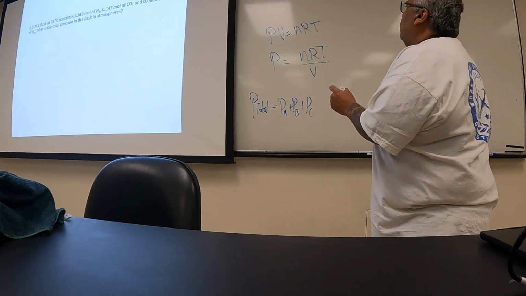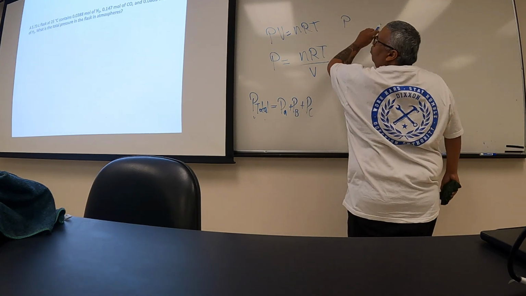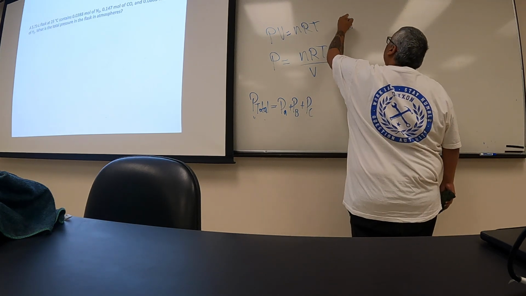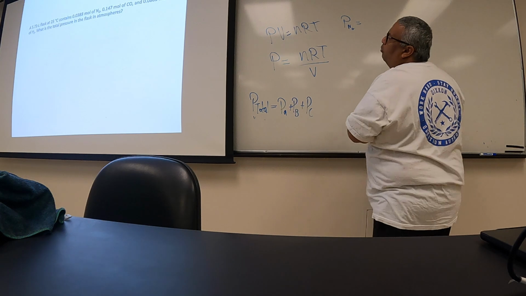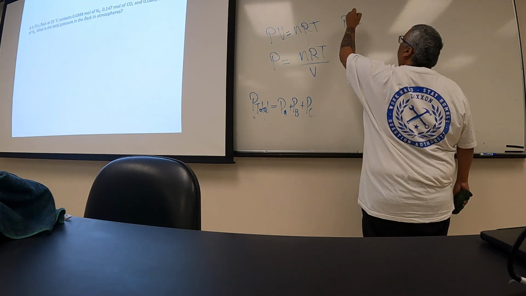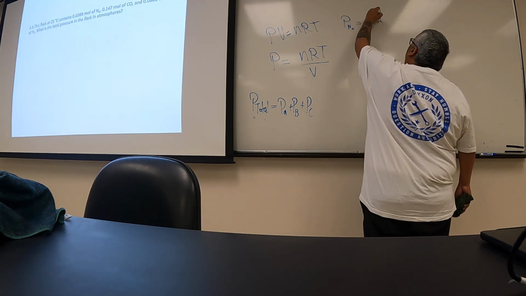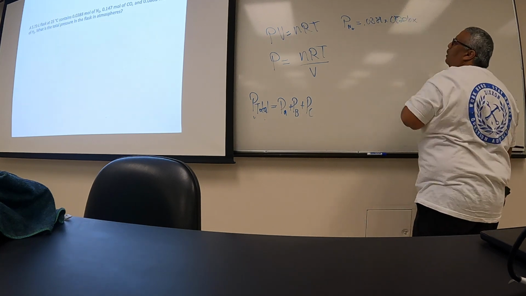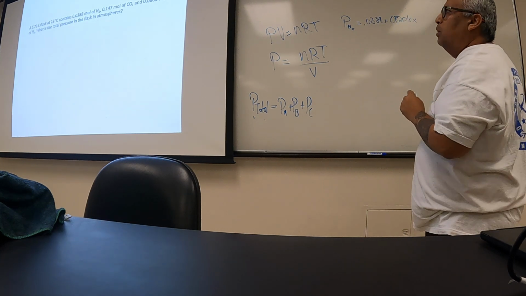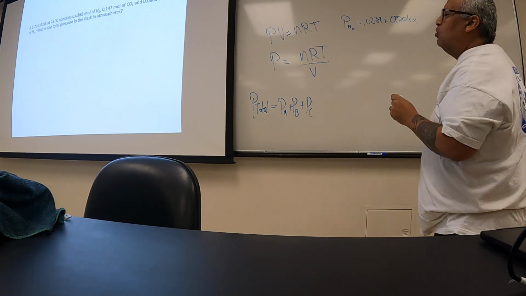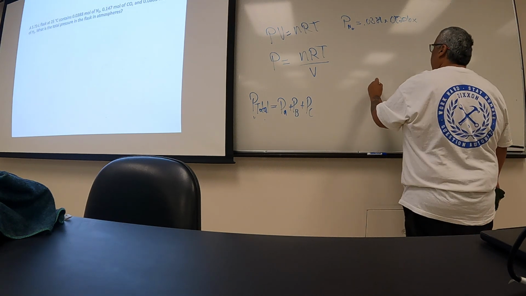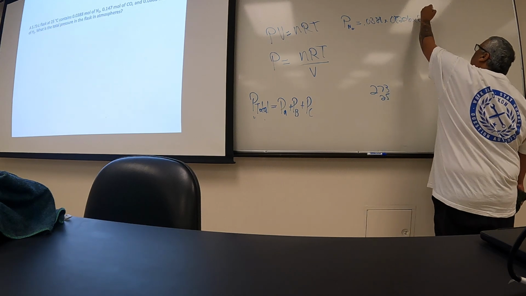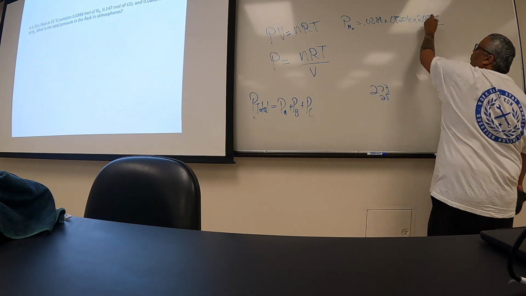All right, so here, the pressure of, which one will we have first here? N2? So the pressure of N2 is we have 0.0388 times 0.08206 times our temperature at 25 degrees C, so this is 273, 25 gives us 298.15 Kelvin.